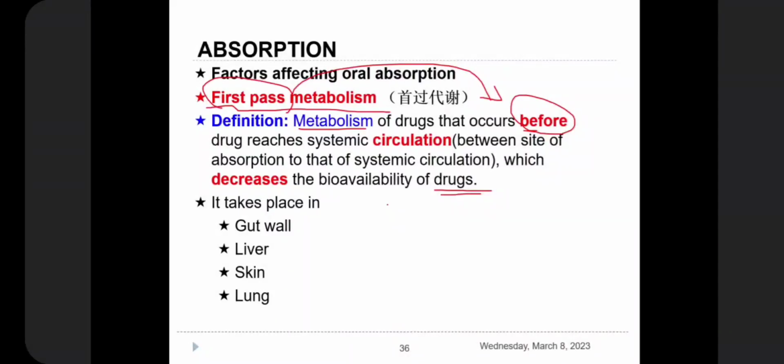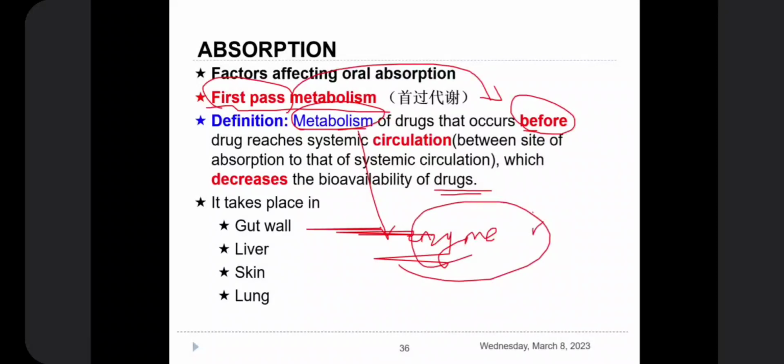Because this is metabolism, and we know metabolism is done by enzymes in the body, wherever enzymes exist there will be first pass metabolism, like the gut wall, liver, skin, and lung.